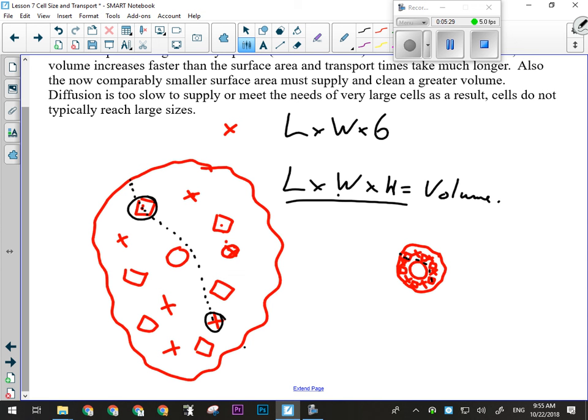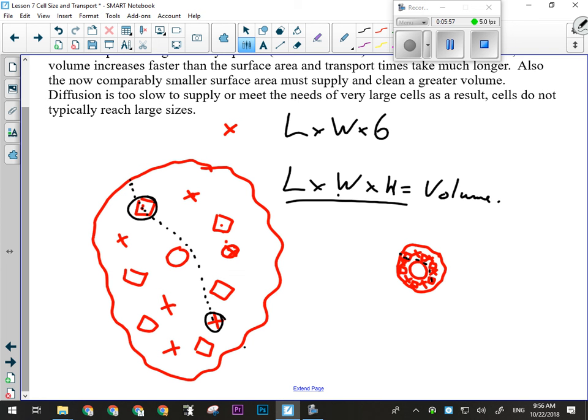But if you were coming in to Calgary from the south, driving a semi truck, and you have to get to somewhere in the northwest, and you have to make 3 or 4 stops on the way, is that going to take you a lot longer than it would have 20 years ago? Yeah, because the city has grown, and your ability to transport materials through that space has decreased, because there's more going on. There's just more distance to cover. Diffusion works along the same idea.